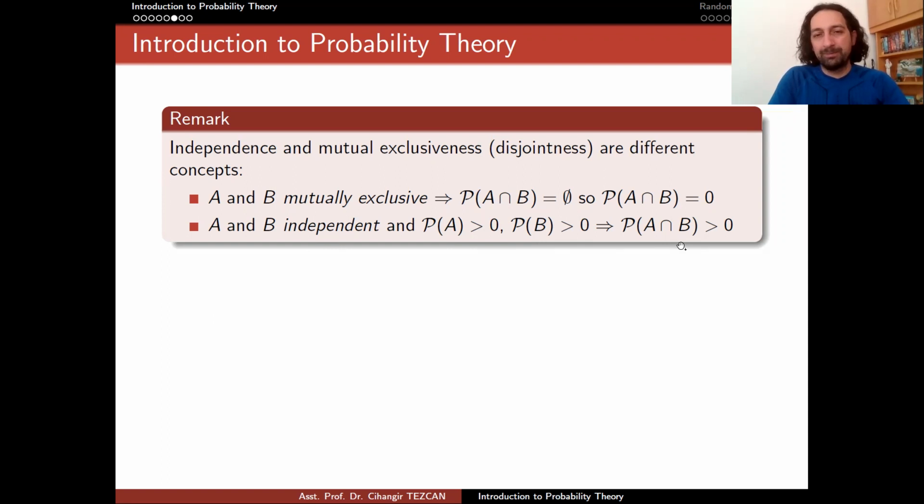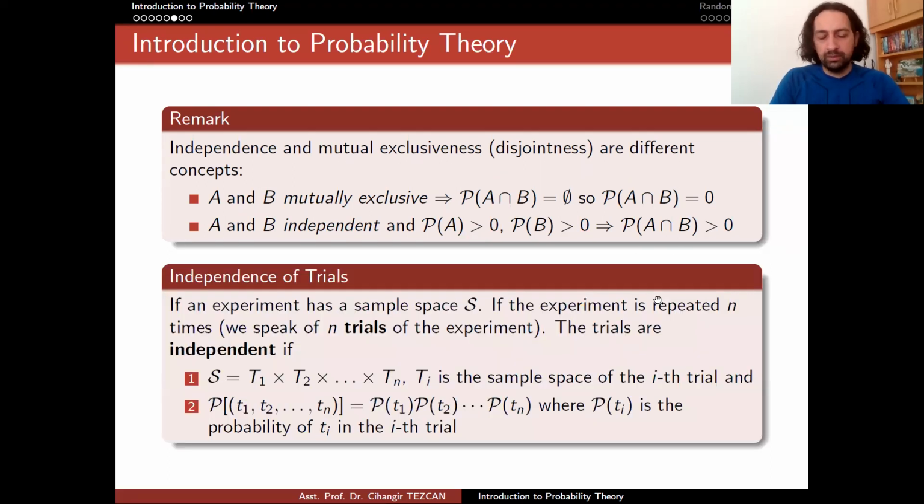Sorry, I said A, but they are larger than 0. So these are events with non-zero probability, so they can both happen, and they can both happen at the same time if they are independent. So let's focus on this with an example.